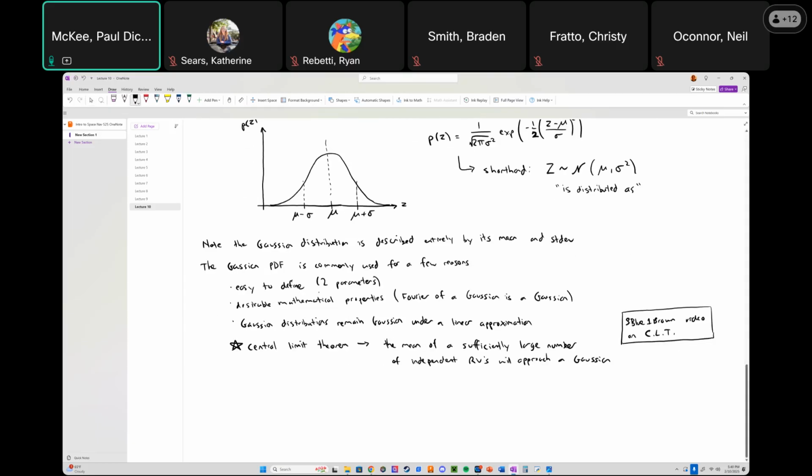In practice, a lot of non-Gaussian things contribute to error. So error itself, right?